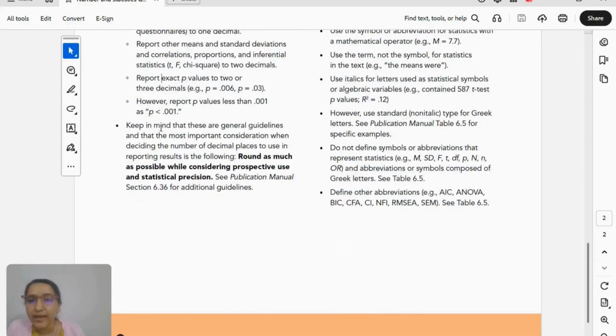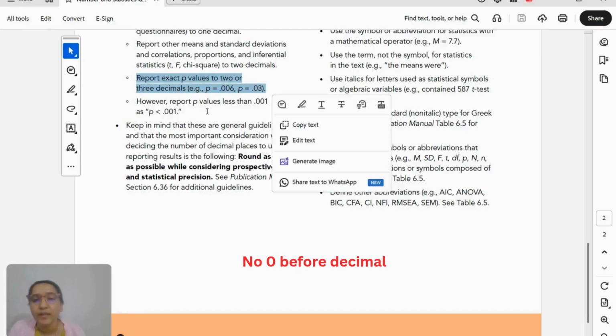And then for p-values, the rule is to report exact p-values to two or three decimals. So if you're presenting the exact p-value, it would be .006 or .03. Here we are not using zero before the decimal because this value cannot exceed 1.